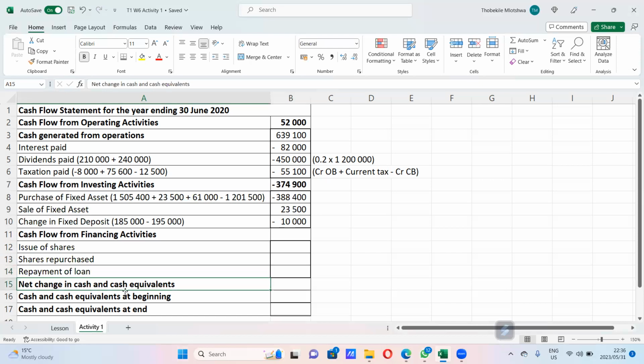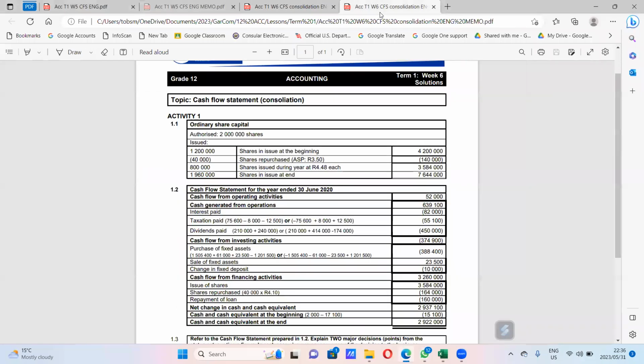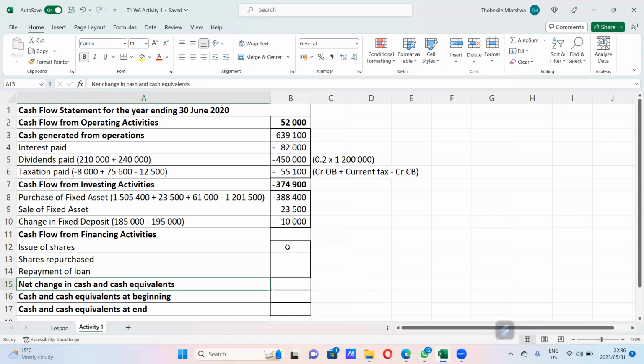So for issue of shares, this note will help us. Let's go back to this note. If you look at this note, the shares issued during the year is 3584. That's what was issued. You don't worry about the opening and the closing. If it was issued twice in the year, then you add those two, but we just want what was issued during this year.